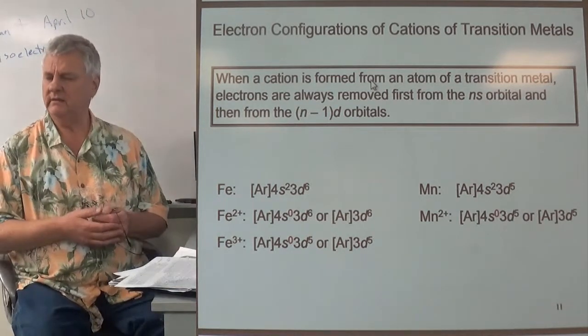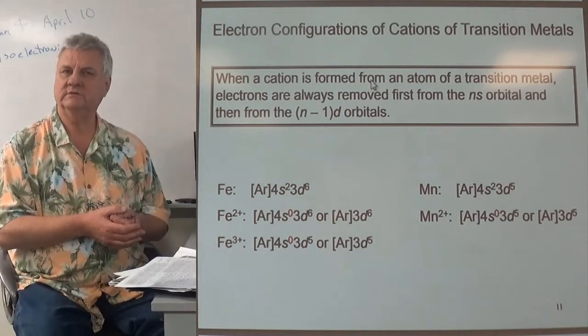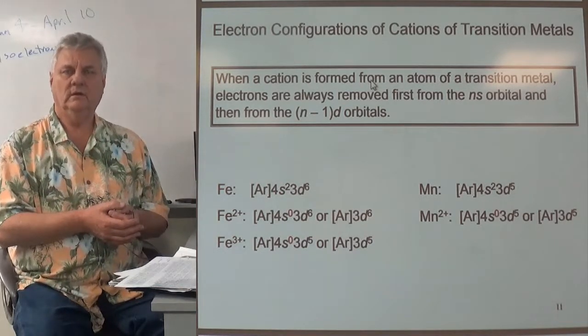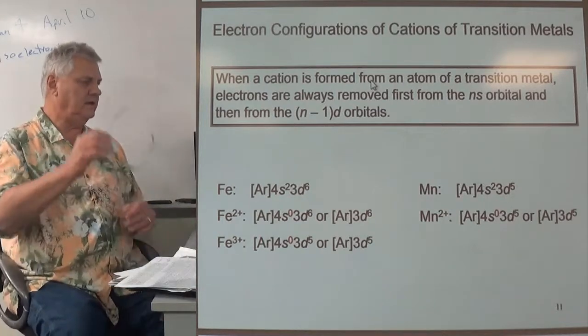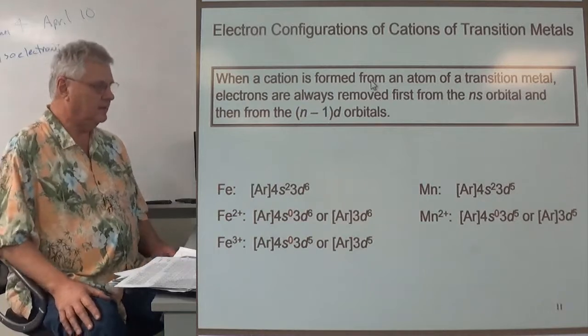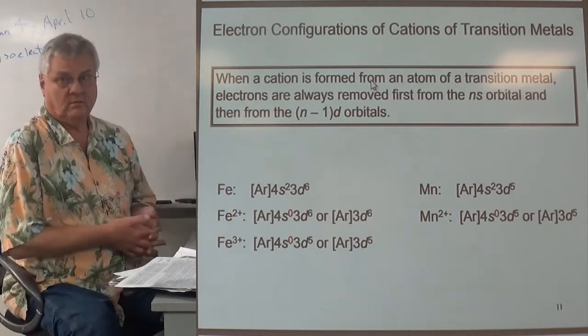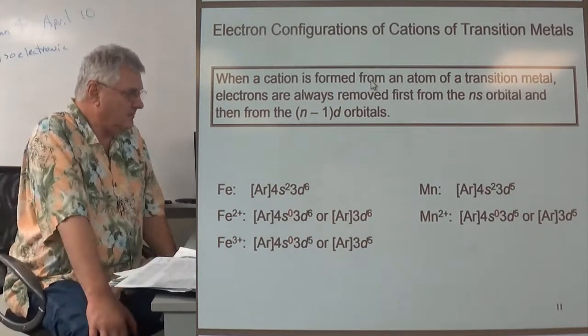Iron can form an ion with a +2 charge. Iron can also form an ion with a +3 charge, and so on. And the electron configurations follow a slightly different format. You might see this on a homework problem, but it won't be on the exam.